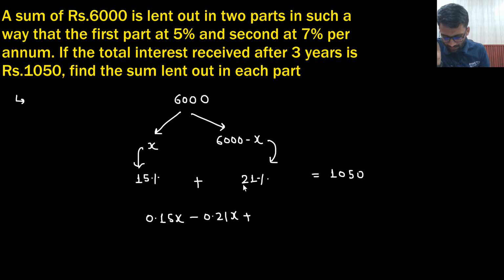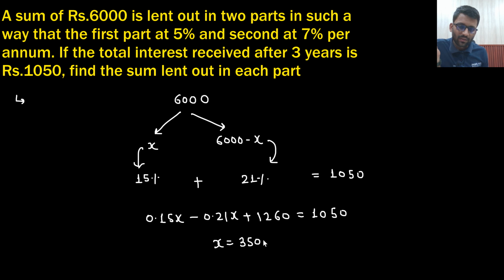So 21 into 60, that is 1260, and it is equal to 1050. That's it. This is the equation. So what do you get here? 1050 divided by 0.06. So x is 3,500.